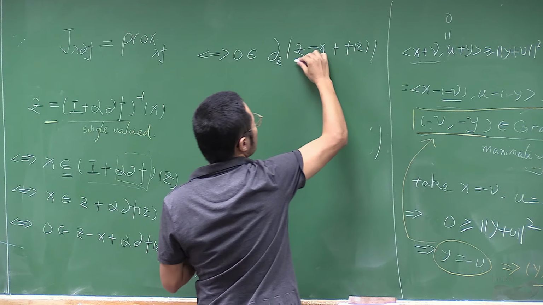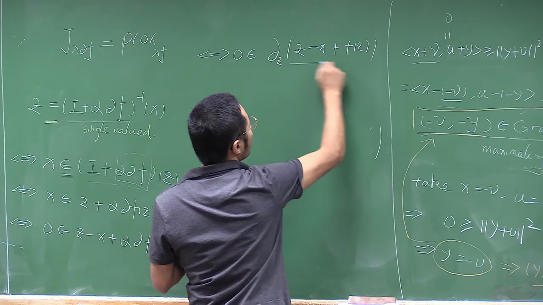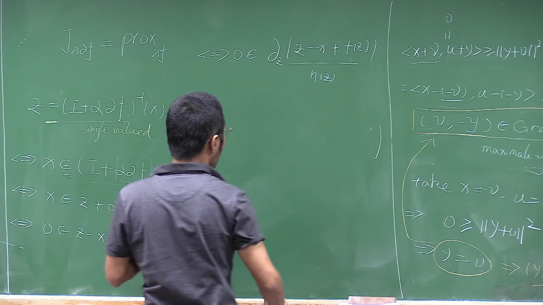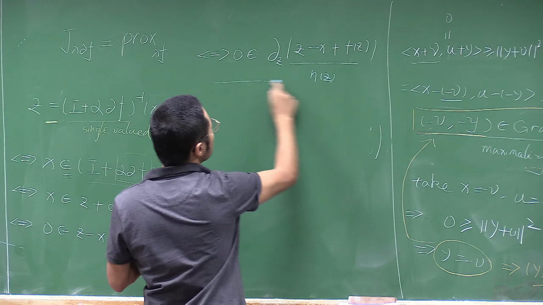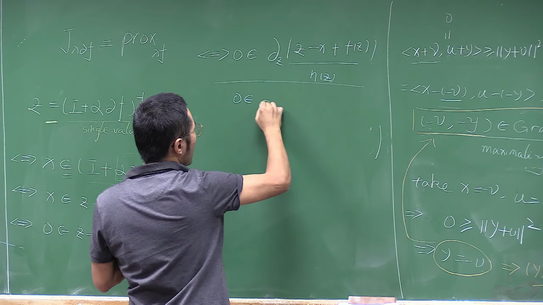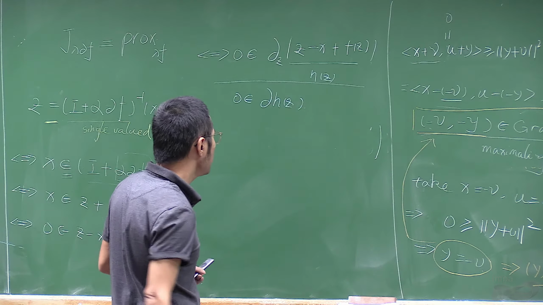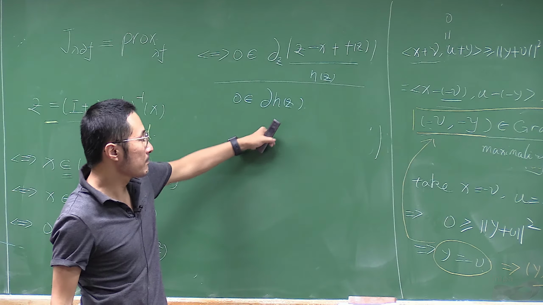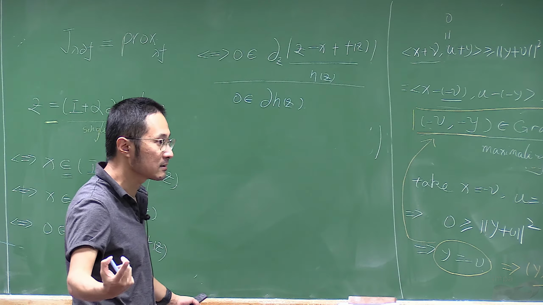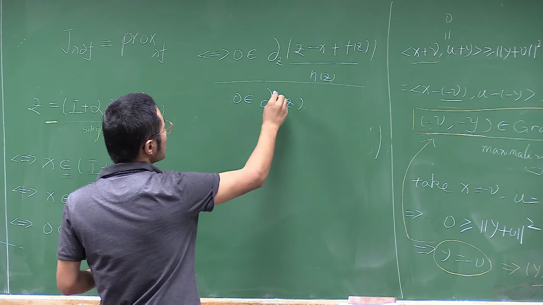We can define this function as h of z. What does this mean? It means 0 belongs to the subgradient of h at z, so z is the minimizer of this function.